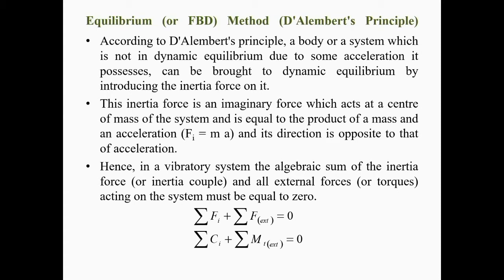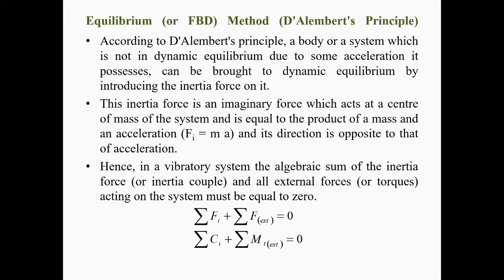As per the statement of D'Alembert's principle, a body or a system which is not in dynamic equilibrium or static equilibrium due to some acceleration it possesses can be brought into dynamic equilibrium or static equilibrium by simply introducing the inertia force or inertia couple.